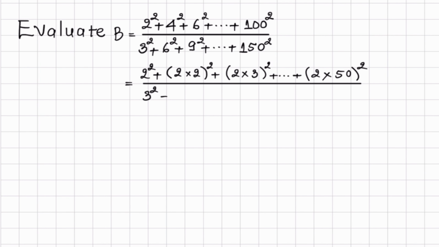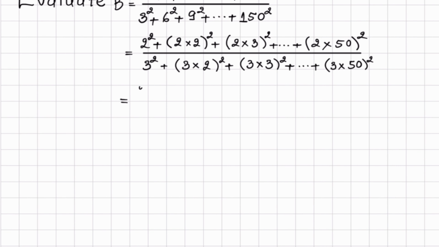For the denominator, 3 squared plus (3 times 2) squared, then (3 times 3) squared, plus dot dot dot plus 150, which can be written as (3 times 50) squared.